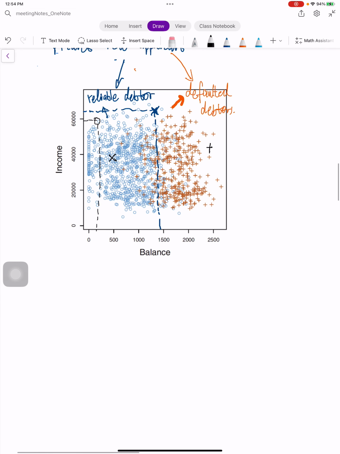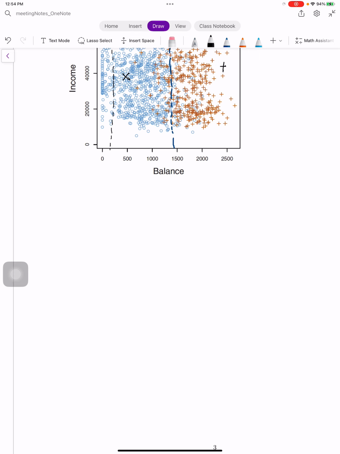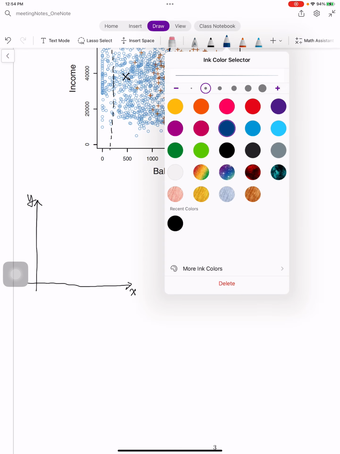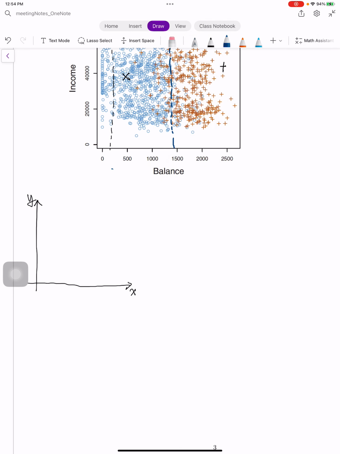So maybe let's take a more simplified example here. We have some data, with an x-axis and a y-axis. The x-axis you can think of as one attribute in your data set, say balance, and the y-axis represents the income of the person. Suppose we have this data set and draw the scatter plot.